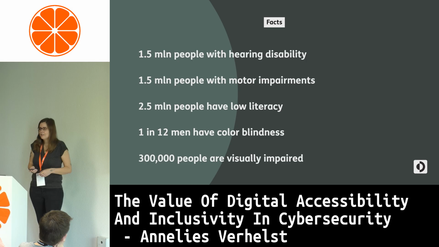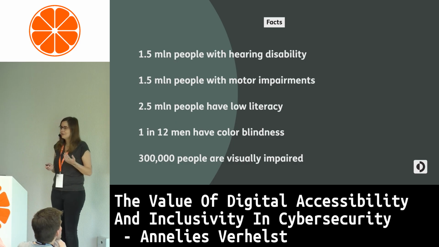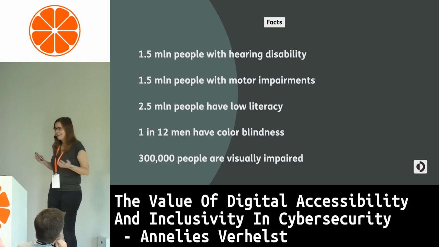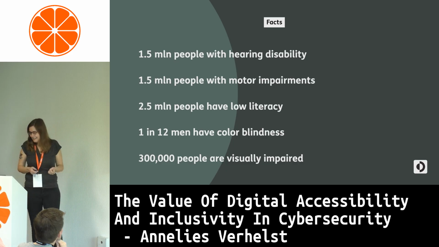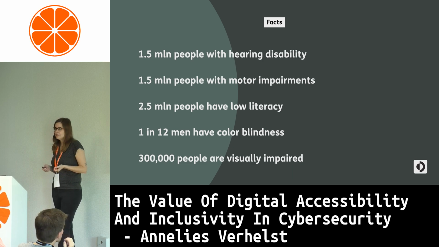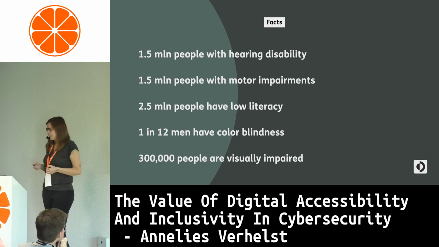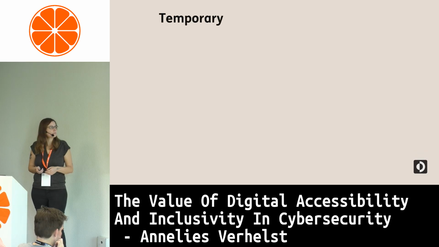They hate grammar, and they ask ChatGPT to fix their grammar. 1 in 12 men have color blindness, and just so you know, 1 in 250 women, and it's very discriminatory. Sorry, it's a gene. And 300,000 people are visually impaired, so either they have low vision or they're totally blind.